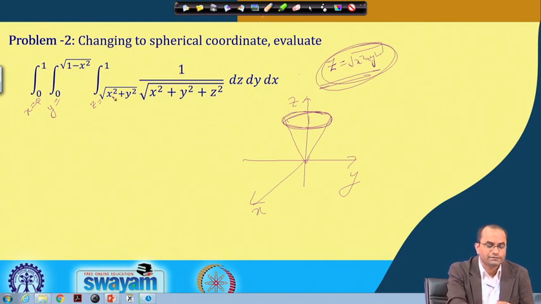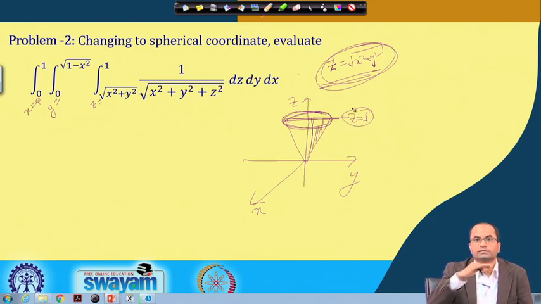Here this is x, this is y, and this is z. What we realize is that z goes from this cone to the fixed number 1. So, z ends at z is equal to 1, a plane parallel to the xy plane.